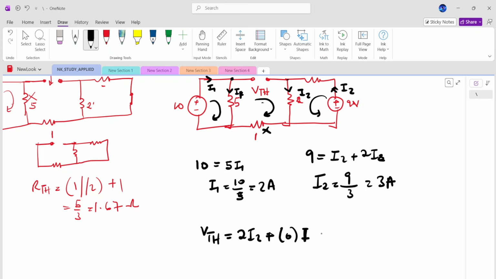And that's going to give me 0 plus, this will give me minus because it's going in the opposite direction to I1, so minus 5 I1, right? So we can find our VTH to be 2 on I2. I2 was 3, right? Minus 5 on I1 is 2. That's going to give me negative 4.